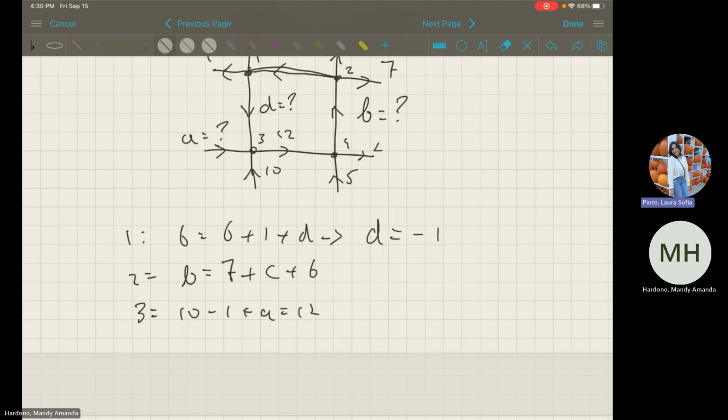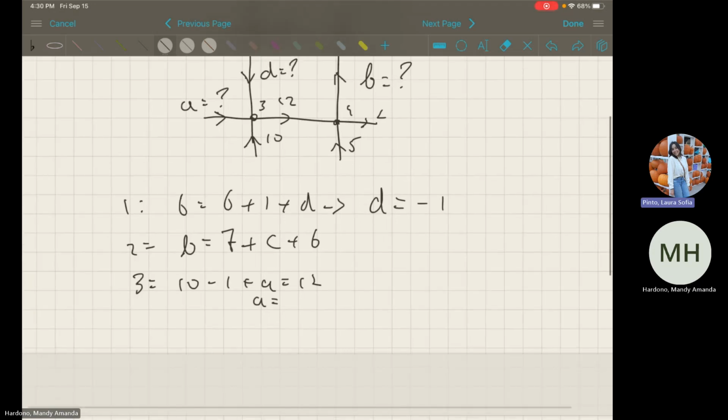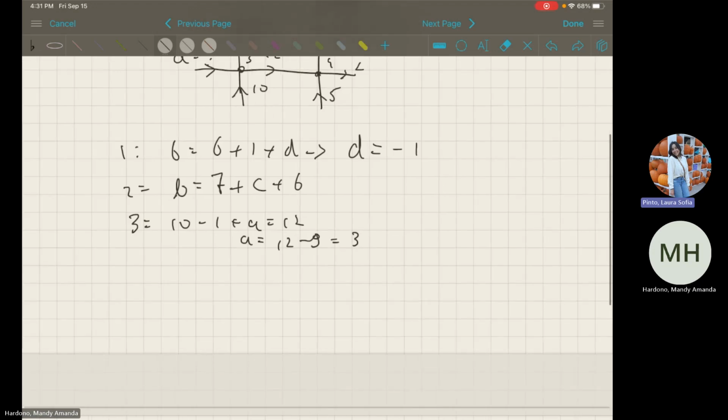So all that should be equal to 12. So, with a simplification, you should have 12 minus 9 being 3. So A is 3. Then you move on to 4.